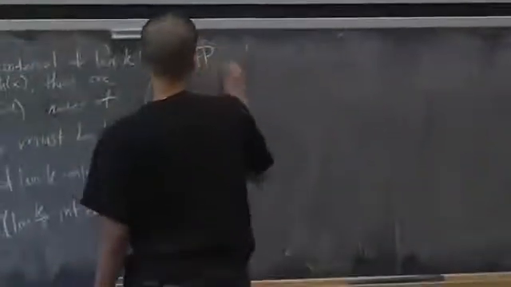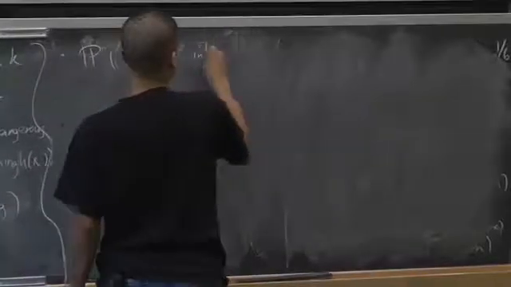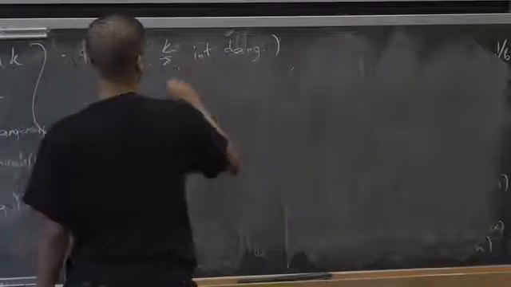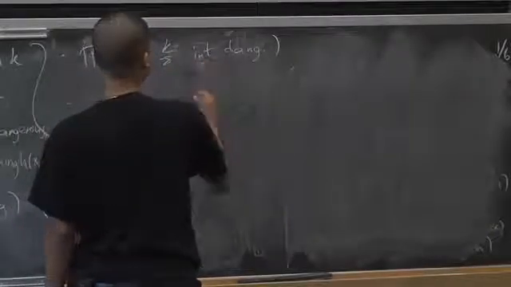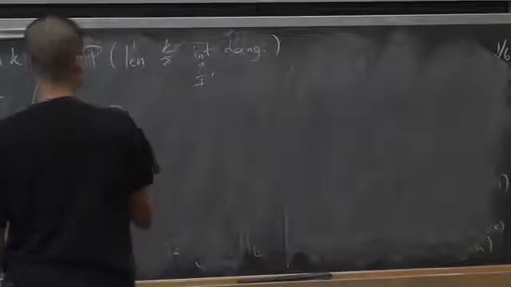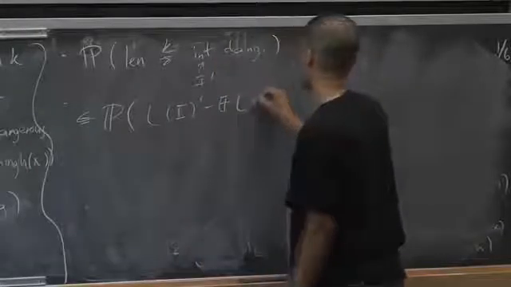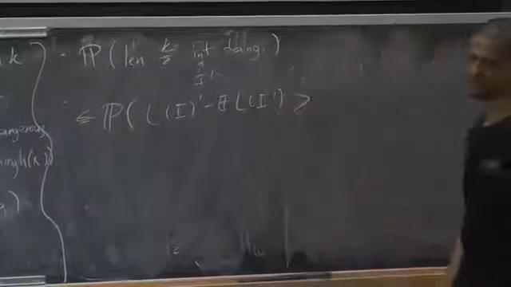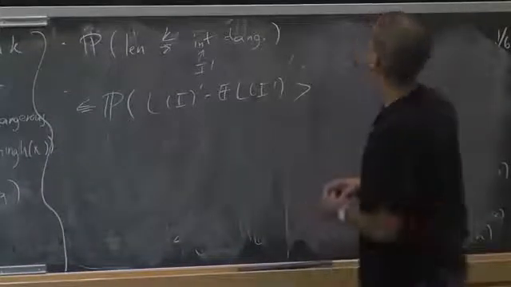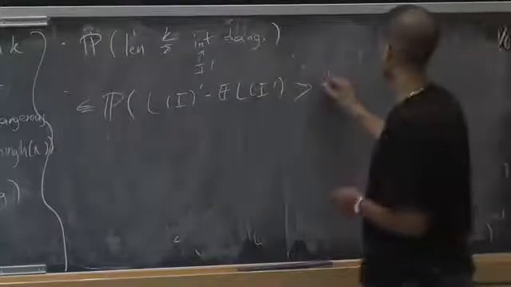So the probability that some length k over 8 interval is dangerous, let me call this interval I prime. That's at most the probability that the length of I prime minus the expectation of the length of I prime is bigger than, so we're basically a half larger than the expectation.